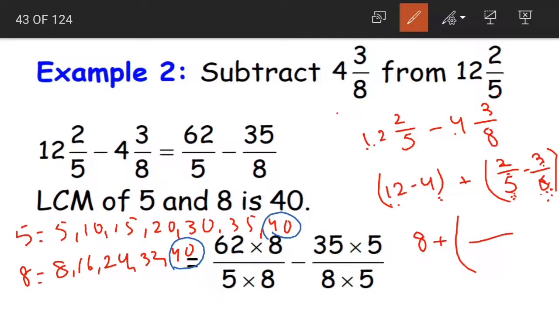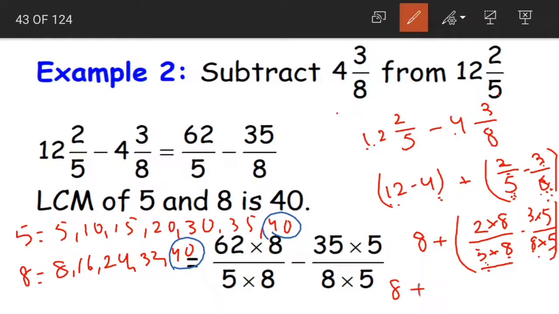So what will 2 by 5 become? What should we multiply 2 by 5 with? We want 40 in the denominator, so we will multiply with 8. 5 8s are 40. And then here we have 3 by 8. We are having 8, so we need to multiply with 5. Yes children, 8 5s are 40. Even here we will get 5 8s are 40.